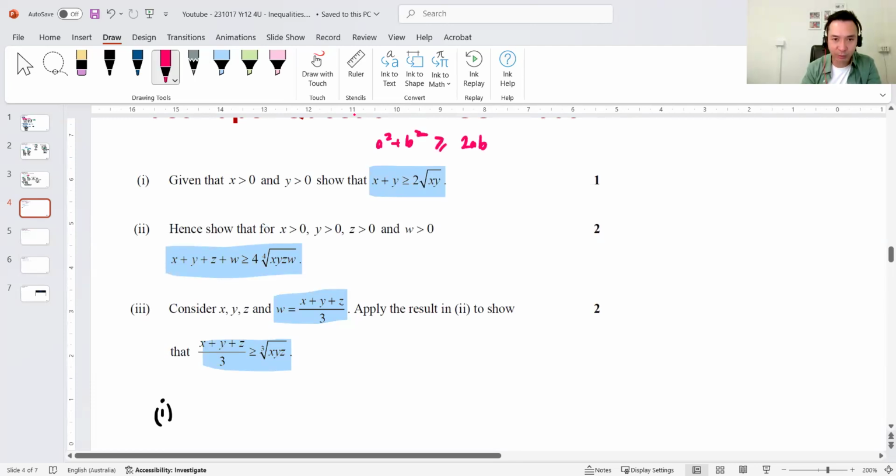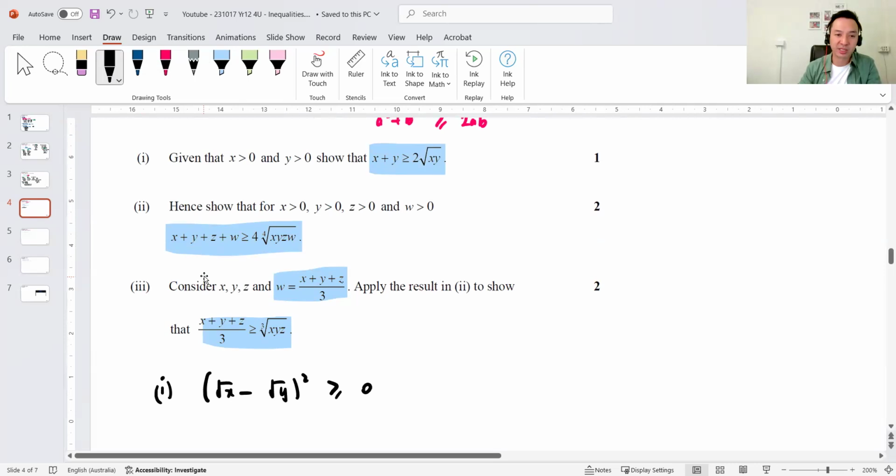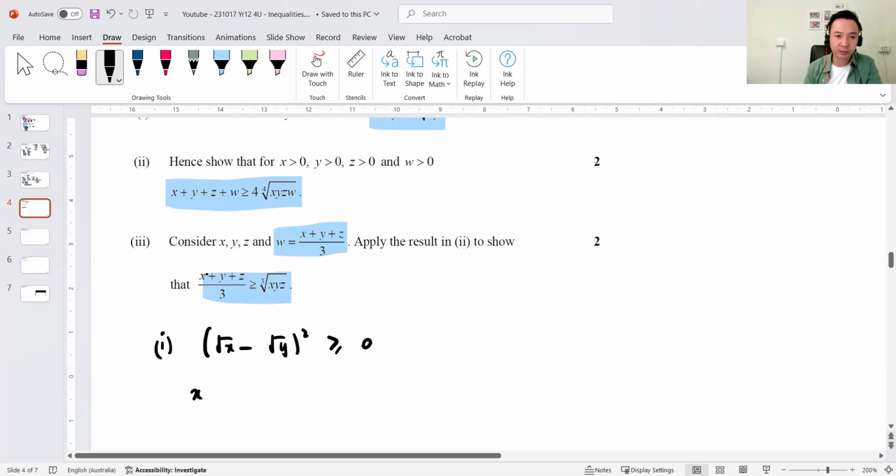In this case, a would be root x, b would be root y. So I'll start with the perfect square, because that's where all the inequalities start. If I expand that, I get x plus y minus 2 root xy. So therefore, I've got the lemma that they want me to get.